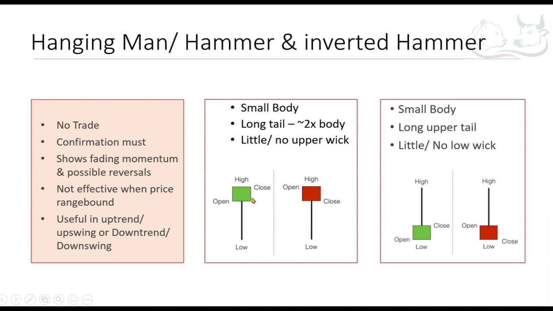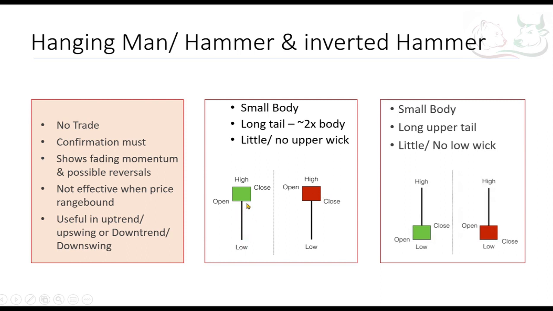From the shape itself, you can easily make out the name: the hanging man, a hammer, or an inverted hammer. So this is a kind of hammer itself. In a similar way, how do we read it?